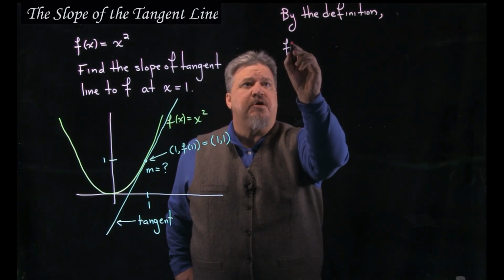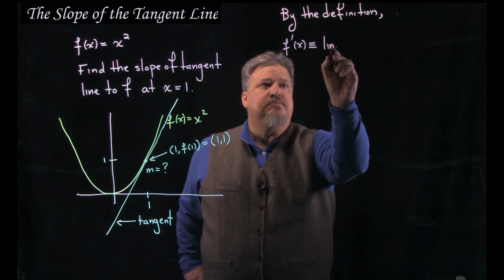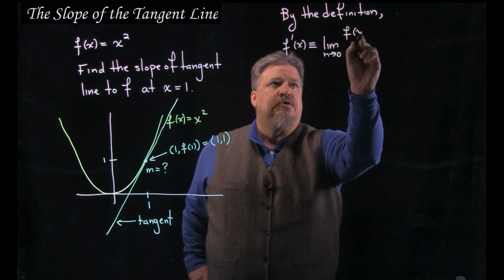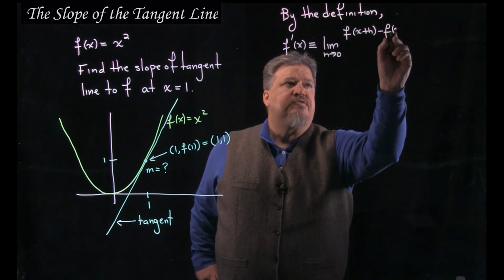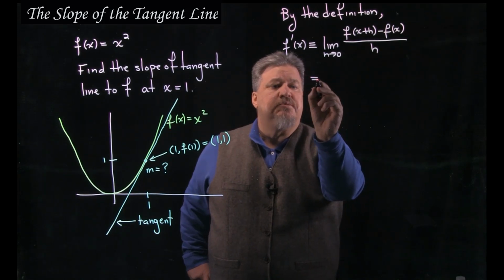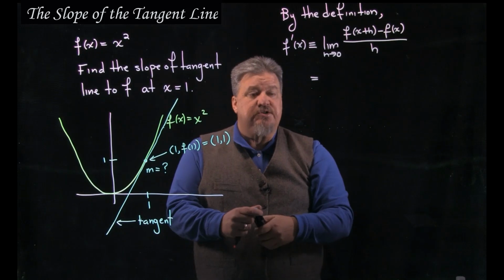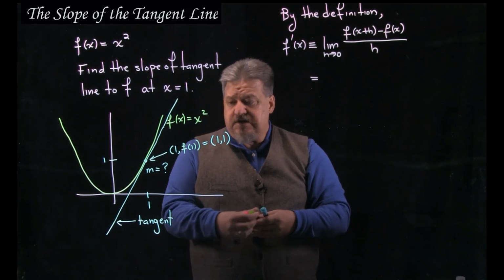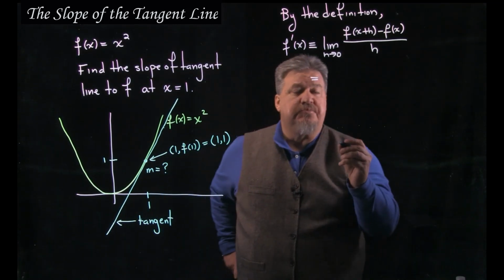So we know that f prime of x is equal to, by definition, the limit as h goes to 0 of f of x plus h minus f of x over h. Again, it's the limit as h goes to 0 of the so-called secant lines. In other geometric or graphical terms, the slopes of the secant lines approach the slope of the tangent line if there is a tangent line to the graph at the particular x value.